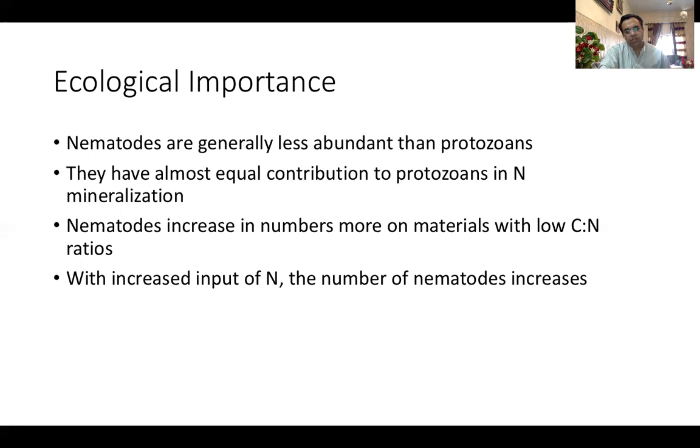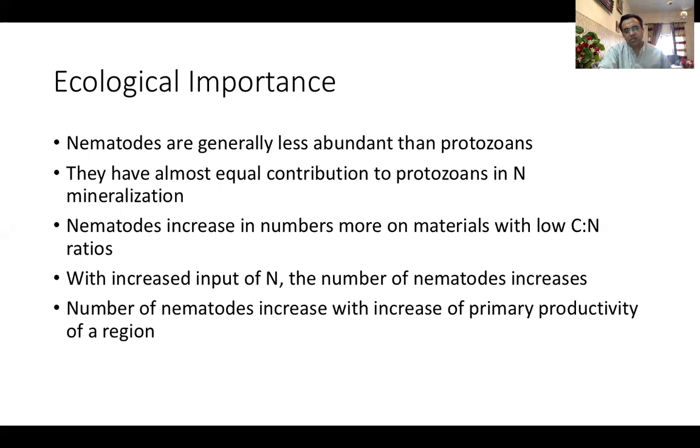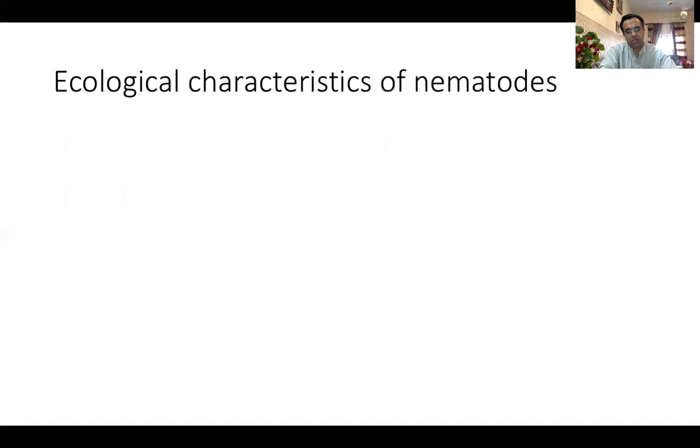And that may be why when there is an increased input of nitrogen in soil, the number of nematodes also increase. And another thing is that when there is more plant cover, when there is more primary productivity of a region, the number of nematodes also increase. So it means plant cover also increase the number.